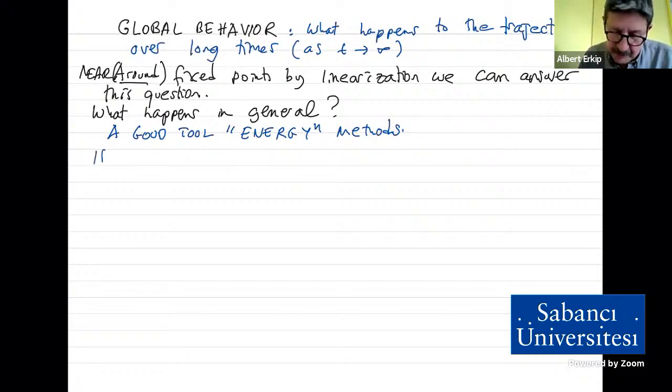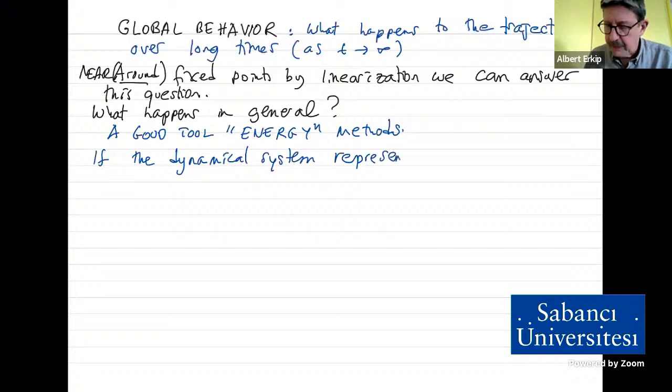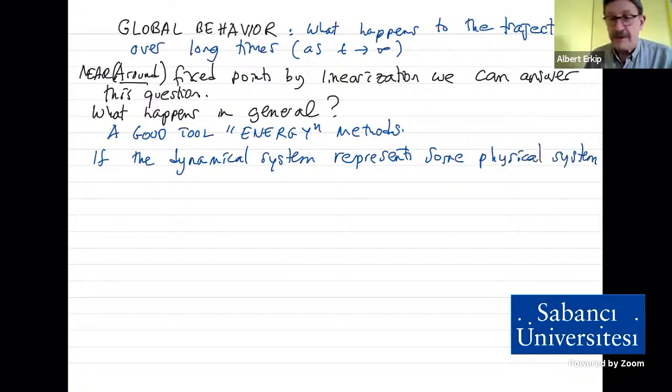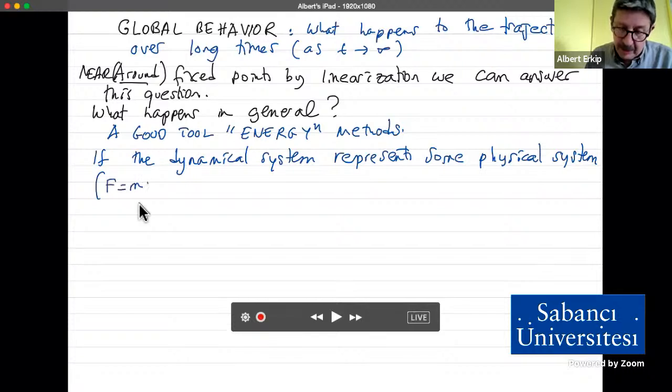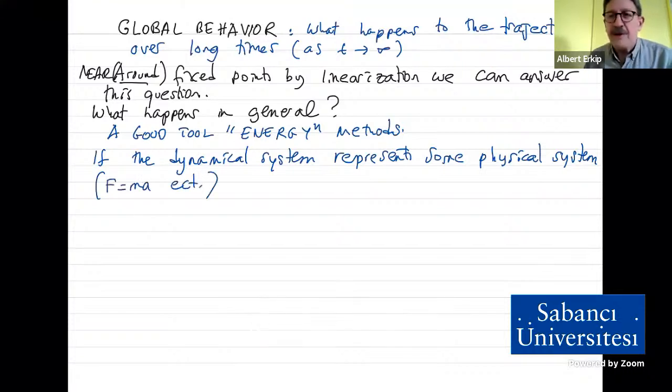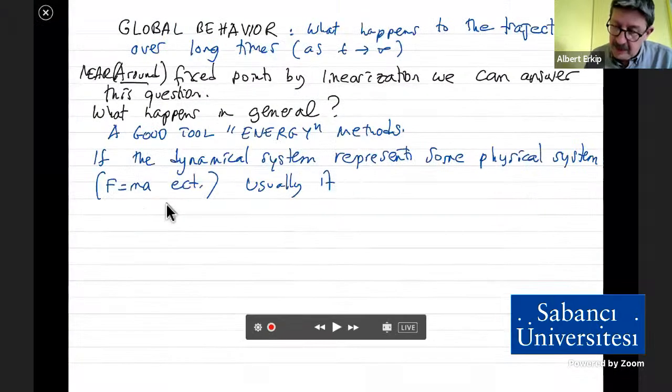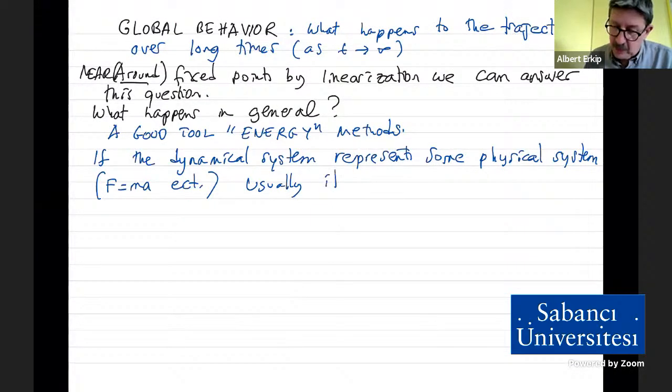Suppose the dynamical system represents some physical system, or chemical system, or whatever system, for example, F equals m a, and so on. Of course, you can write these as systems. I'm not going to describe it. Usually, it will come with some energy.